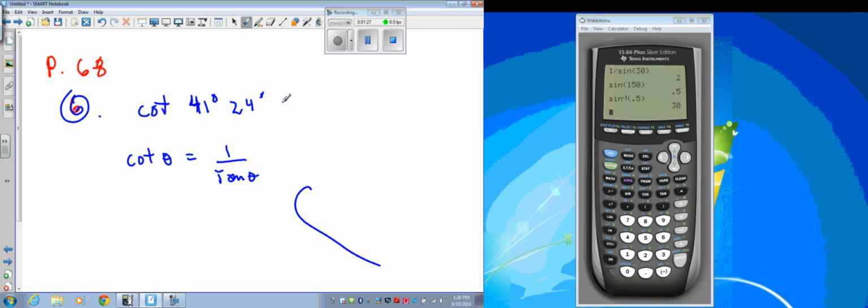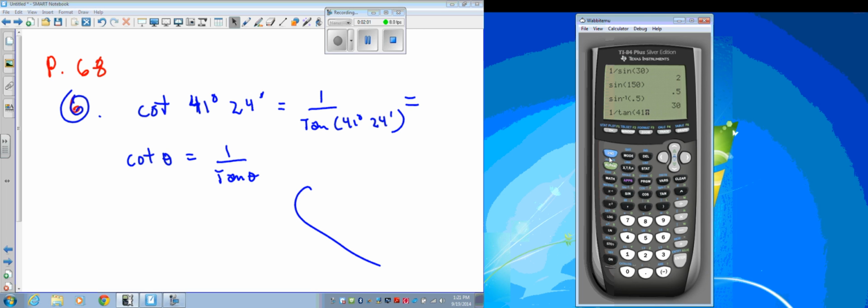So then I say this is equal to 1 over the tangent of 41 degrees, 24 minutes. And that is going to be my answer. So I go in here and I put 1 divided by tangent of 41. Now I'm going to have to force the degree because I got minutes.